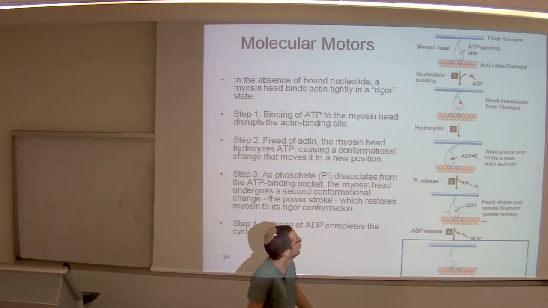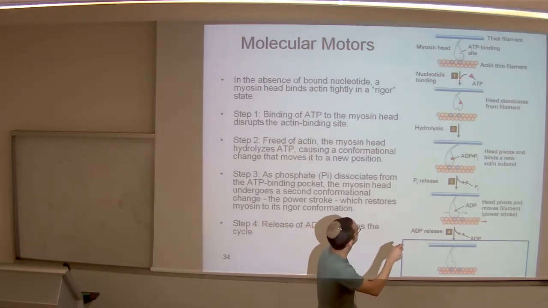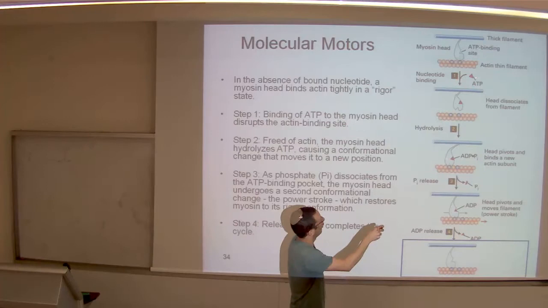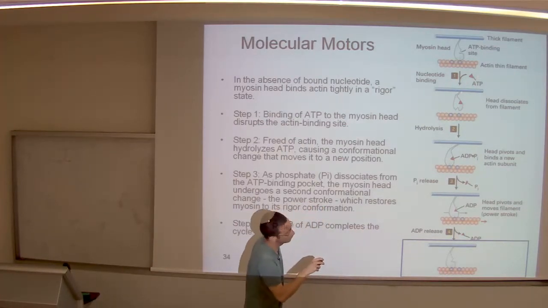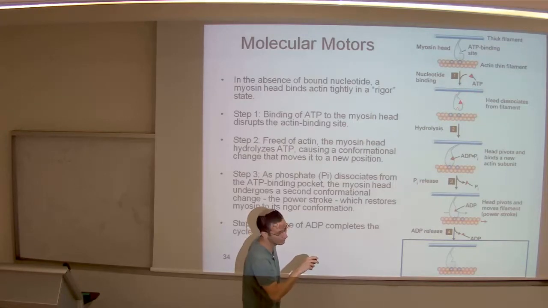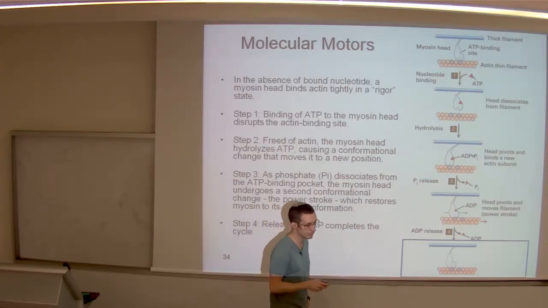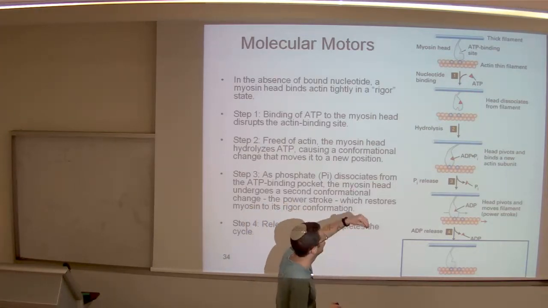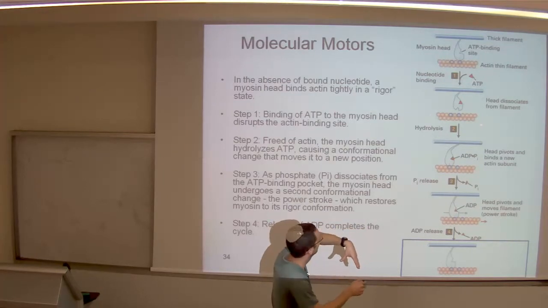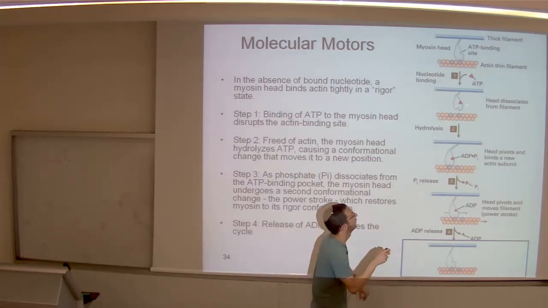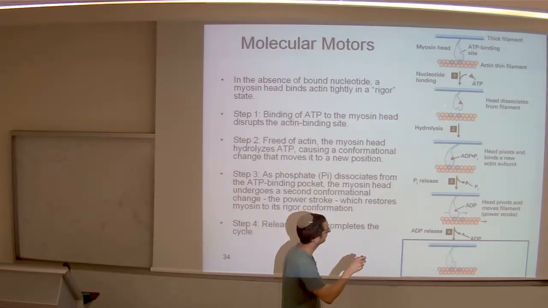Okay, so back to the living. If we have ATP in the system, when the ATP is introduced into the ATP binding site, we will have our first conformational change in the myosin head. It releases its binding with the thin filament and contracts a little bit backwards and stays this way.